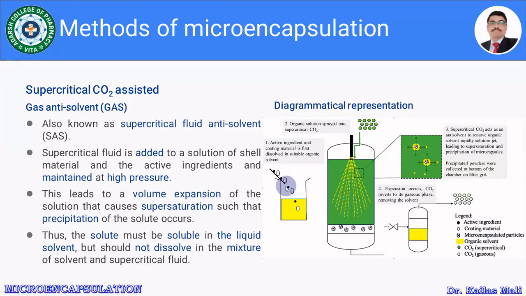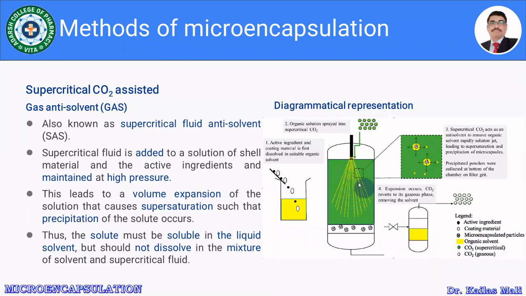Very first step is the preparation of the organic solution which contains the active ingredient and the polymer in a dissolved state. Then spray this system into the chamber which contains the supercritical carbon dioxide. Here the supercritical carbon dioxide is going to act as an anti-solvent for the polymer, and thereby there may be precipitation of the microcapsules or microparticles.